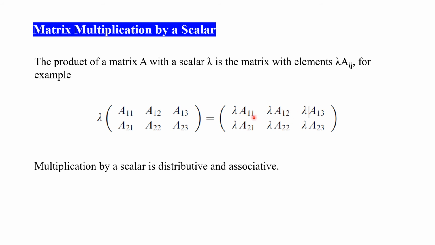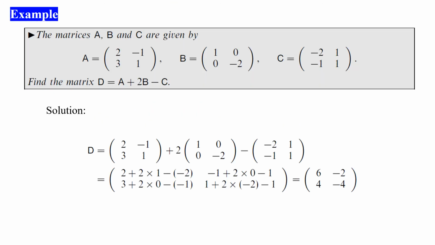That is, you have lambda A11, lambda A12, lambda A13, lambda A21, lambda A22, and lambda A23. Multiplication by a scalar is distributive and associative. For example, the matrices A, B, and C are given by the following.